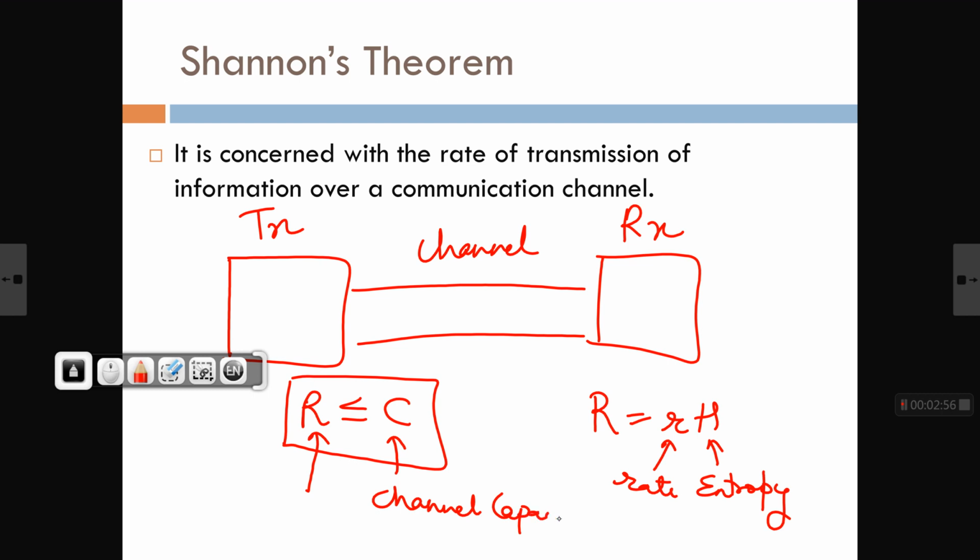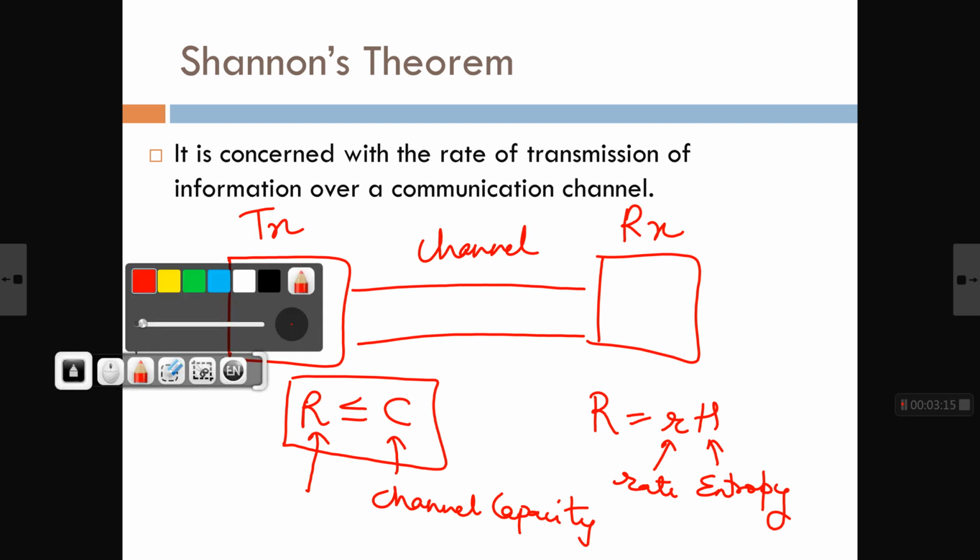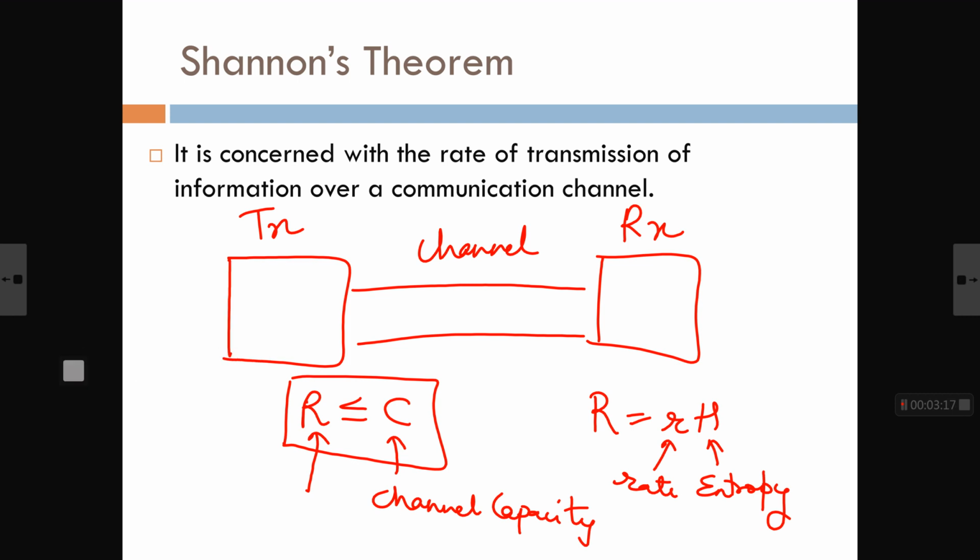So, as long as R is less than or equal to C, it guarantees that it is possible to have a communication system which will transmit the information with a very small probability of error. So what I am saying is that it is possible to transmit information over this particular communication channel.